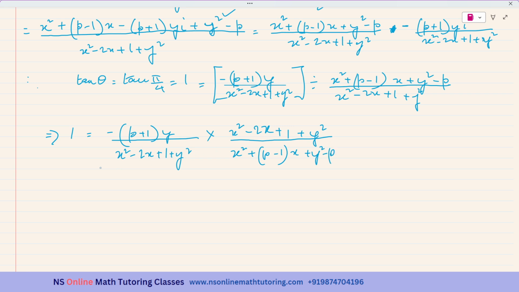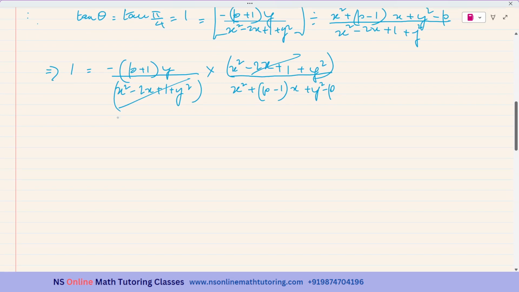Okay. And now these two can get cancelled. That is why I had said that you don't have to actually expand the denominator. They will get cancelled, the two expressions, for the real and the imaginary parts. And so this is equal to, again I am writing it over here.